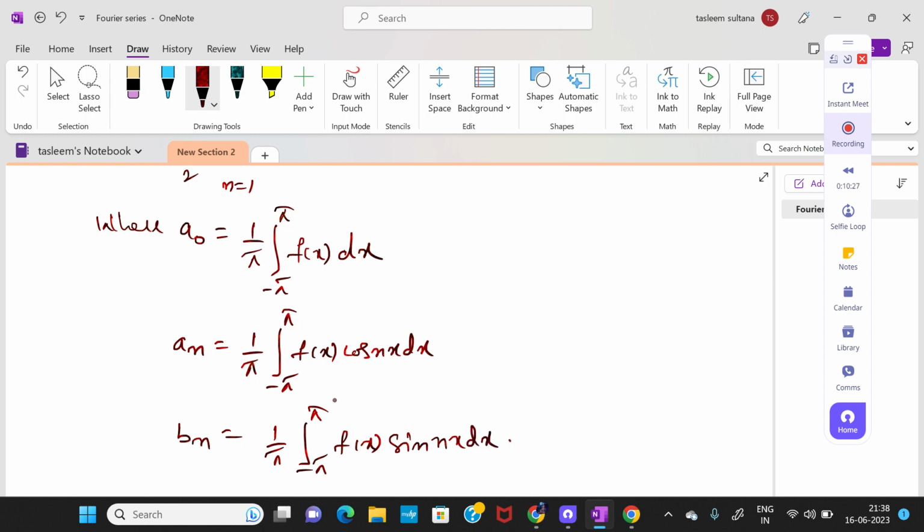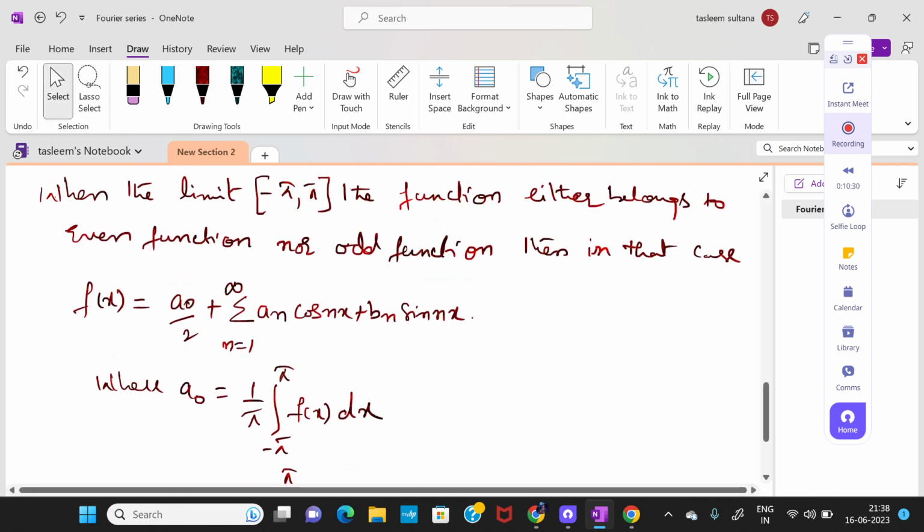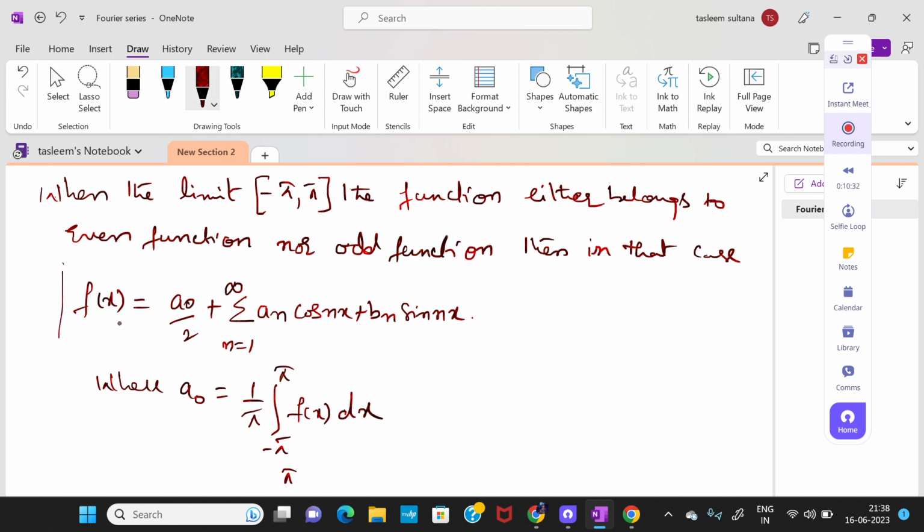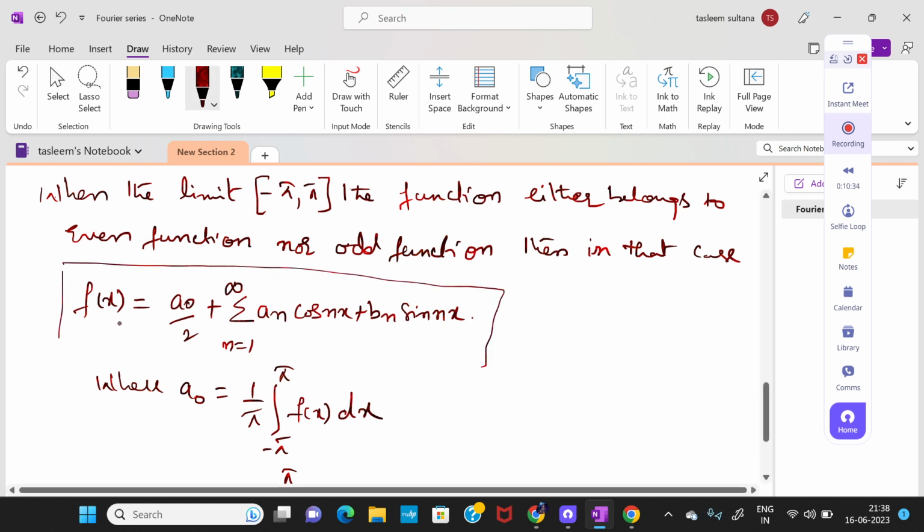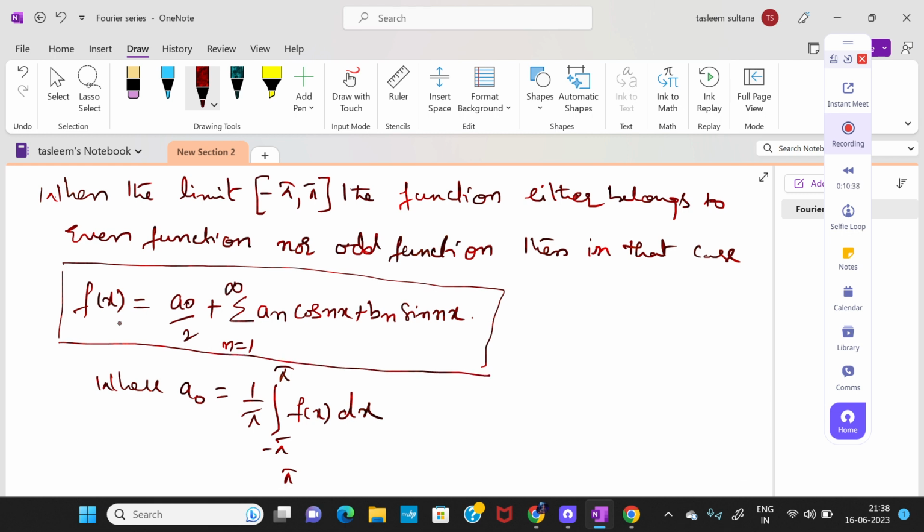This is your main formula. F of x, this is the main formula, your complete Fourier series. F of x is equals to a naught by 2 plus summation n is equals to 1 to infinity an into cos nx plus bn sin nx. Then your a naught formula is equals to 1 by pi integrating minus pi to pi f of x into dx.